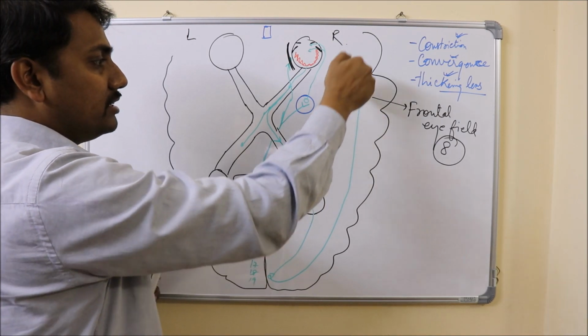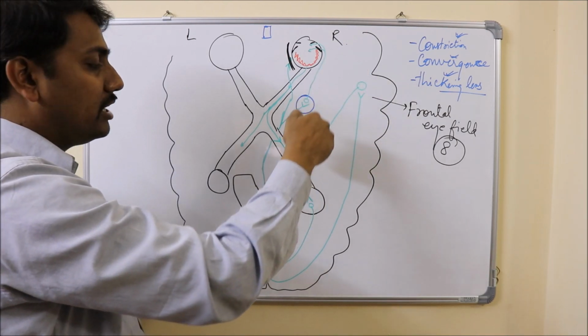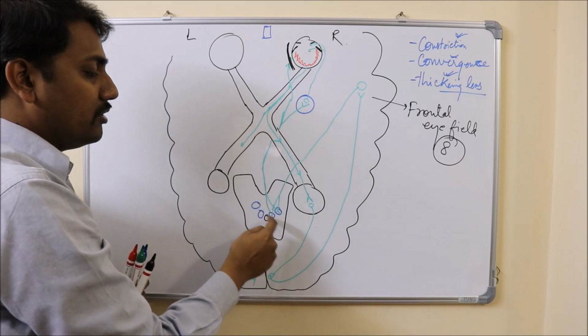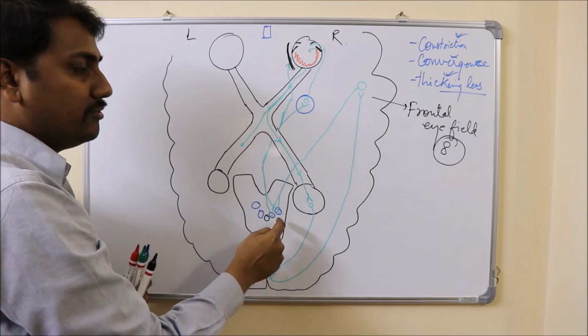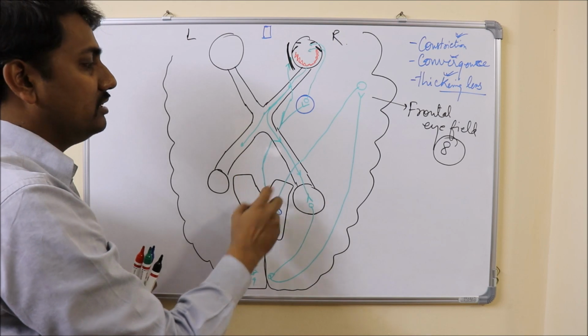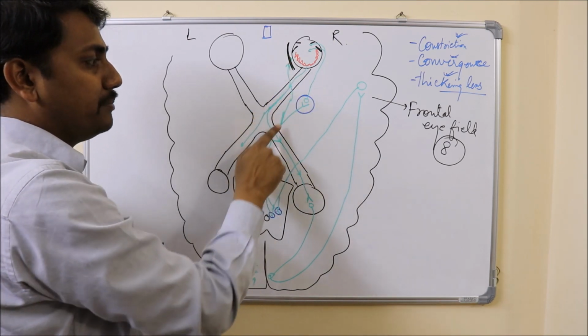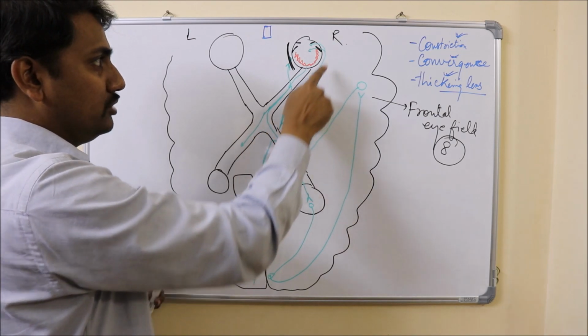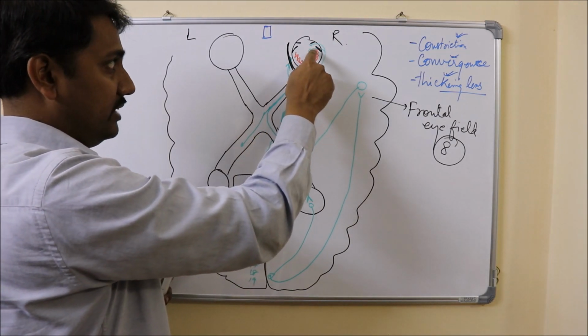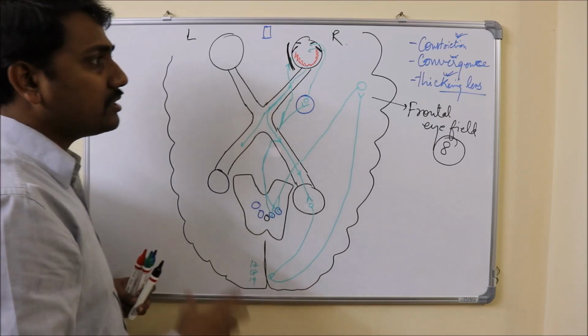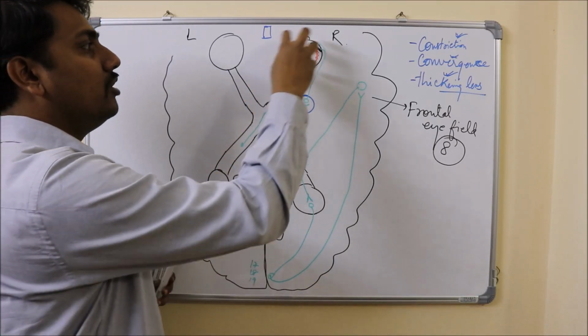Through the frontal eye field, the projecting corticonuclear fibers projected towards the oculomotor nuclear complex, which carried information for contraction through the oculomotor nerve directly to the medial rectus, and the parasympathetic fibers through the ciliary ganglion into both the ciliaris as well as the constrictor pupillae muscle.